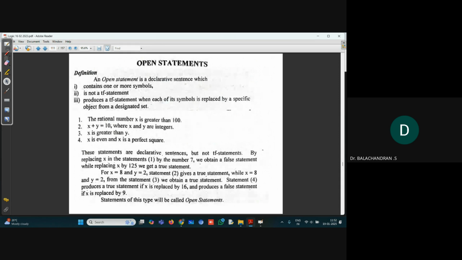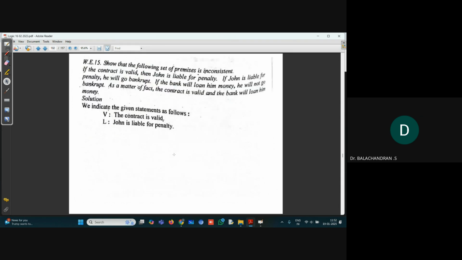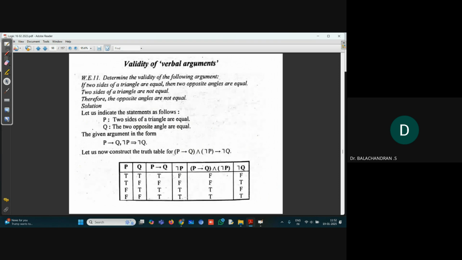So in the next class I will finish the validity of verbal arguments, and then I will start the last section, quantifiers. Maybe in one more class I will take the theory of inference. Okay, thank you. If you have any doubt, you can ask me. Otherwise, you can leave.